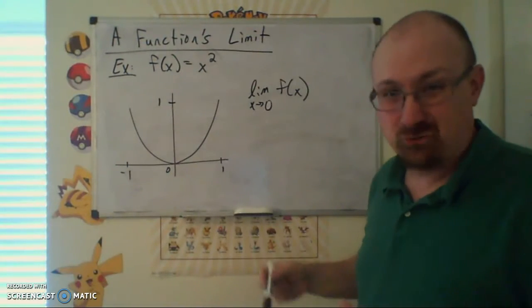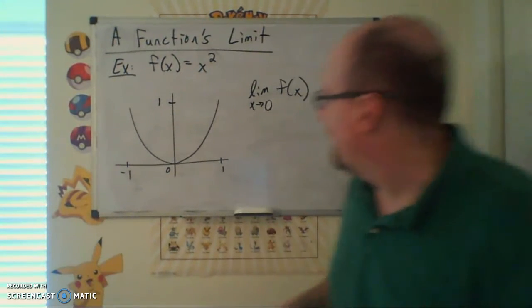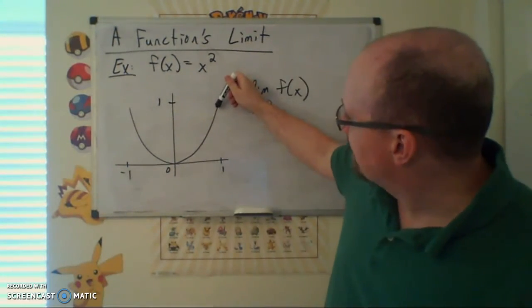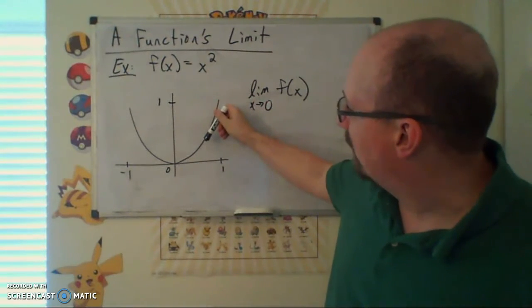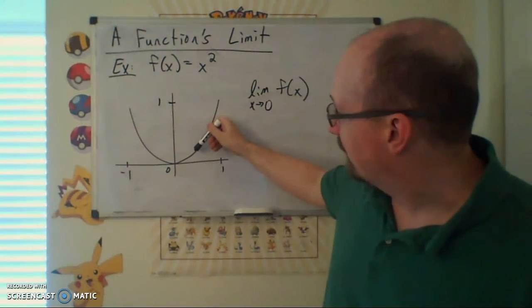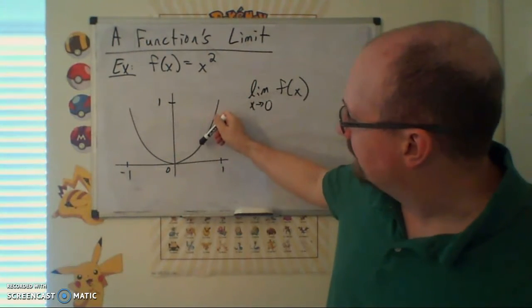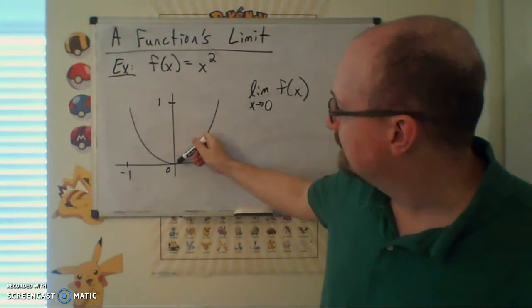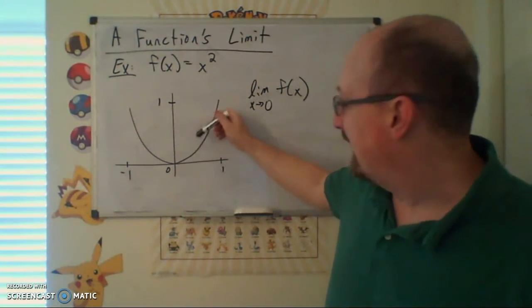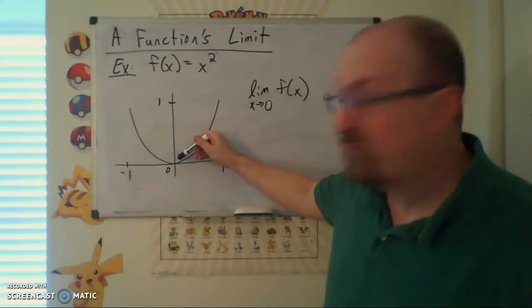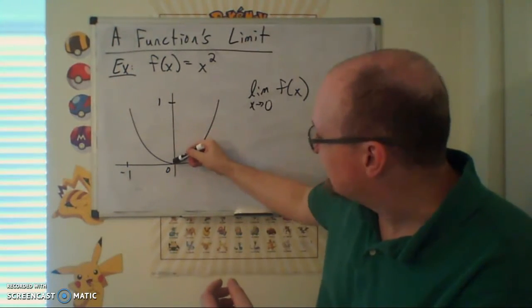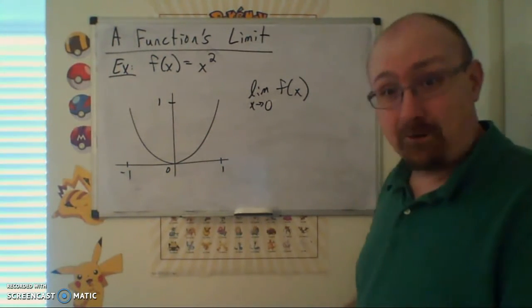Don't ask me why the wire is drooping like that. Anyway, so imagine you're a bug and you're walking down toward this point with an x coordinate of 0. What are your y coordinates doing as your little bug legs carry you down here? So the height's going down, down, down, and it ends up getting closer and closer and closer the more and more we kind of slink in on this, getting close to 0.